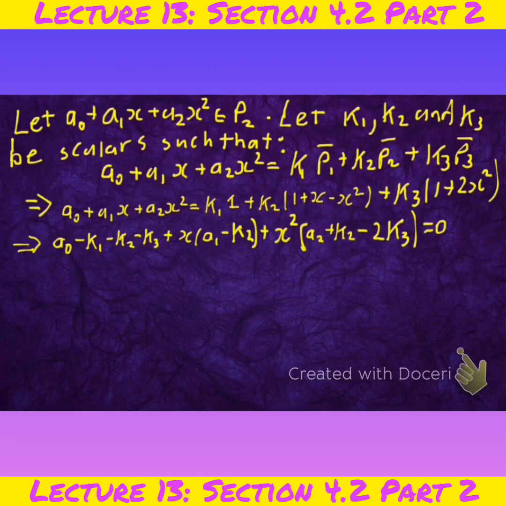That gives us a polynomial that's equal to 0 for all values of x. This is true for all x, so it doesn't matter what I make x. This polynomial must be 0.